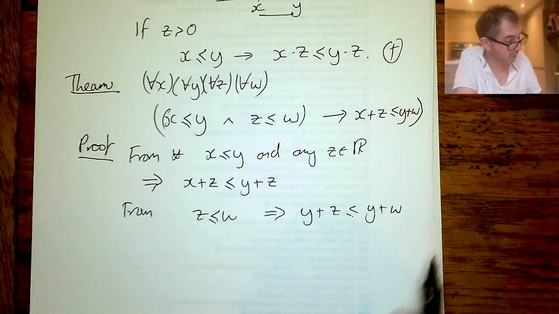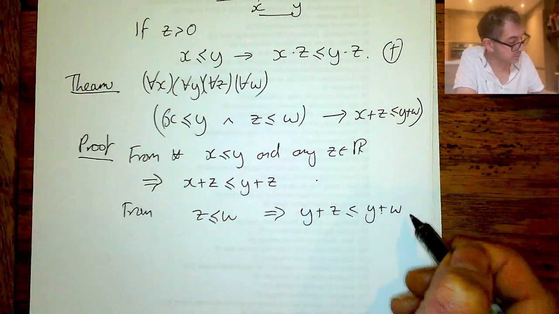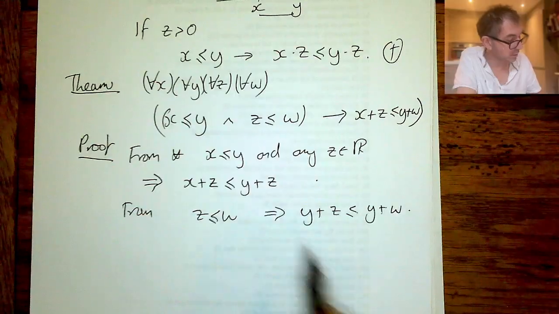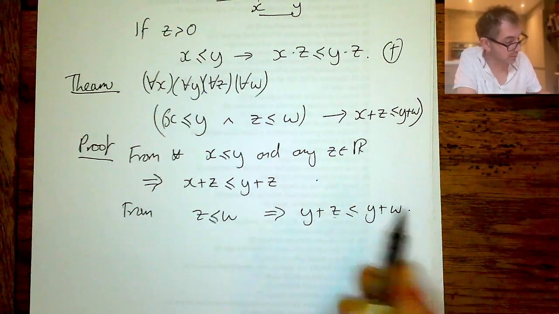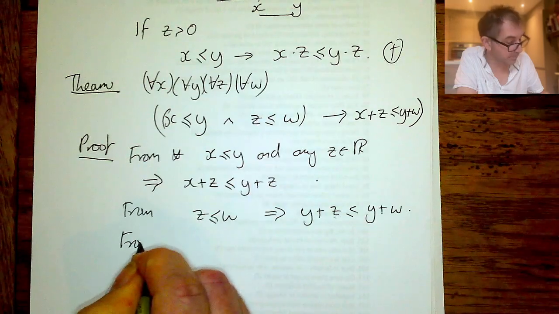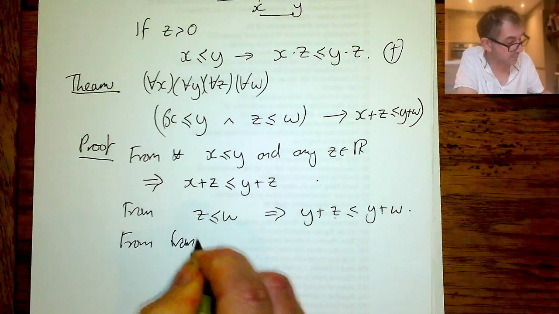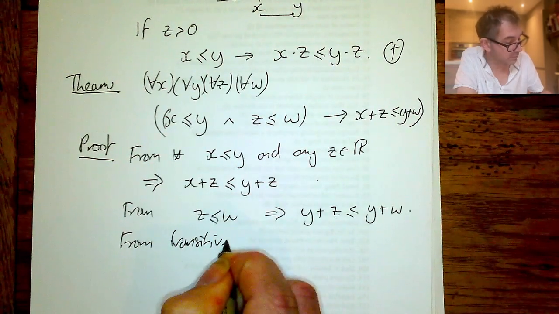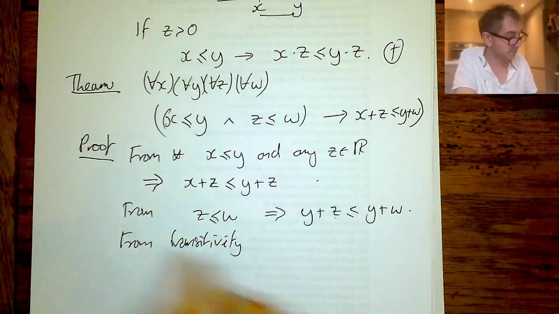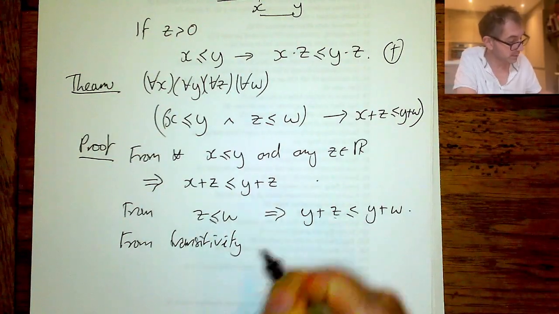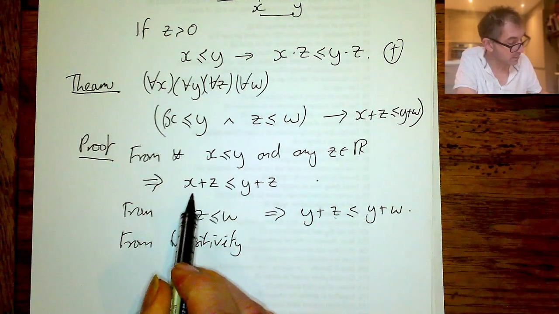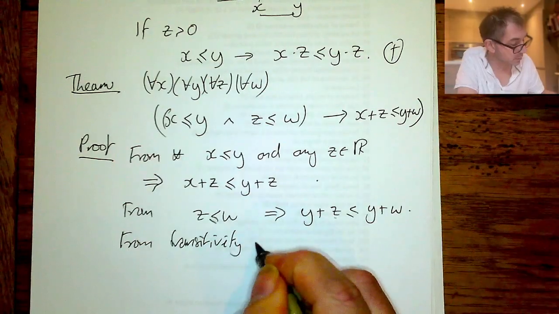Okay, and now I've got these two statements. So I've got one number less than another, and then that number less than a third, and then from transitivity, and I'm going to use modus ponens again because I've got a particular case that I'm looking at, I can put these two together.